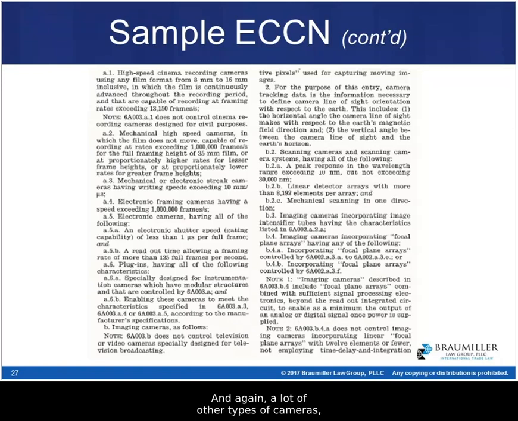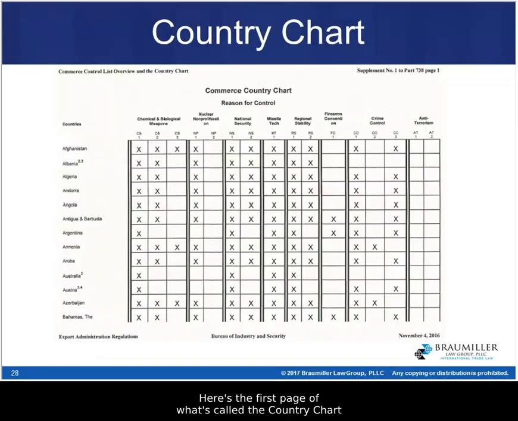And again, a lot of other types of cameras, and I think you get the flavor of the technology is key to determining the classification. Here's the first page of what's called the country chart. And as Adam mentioned, along the left-hand side here are a listing of countries, and then along the top, you see the reasons for control.